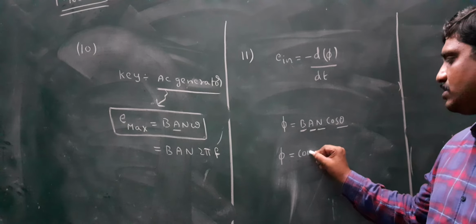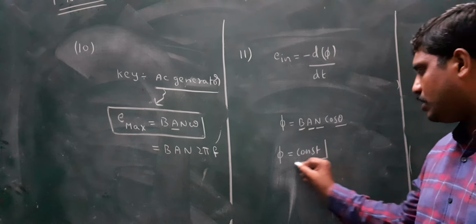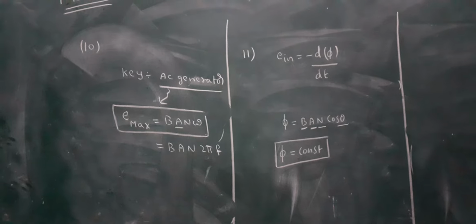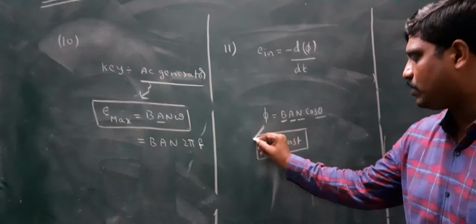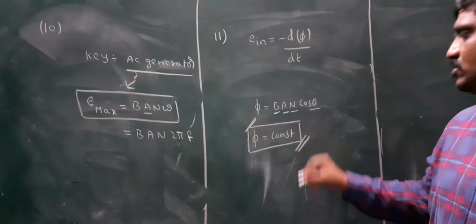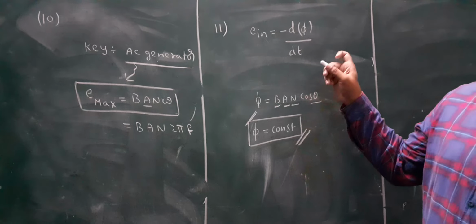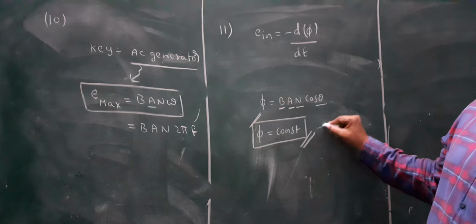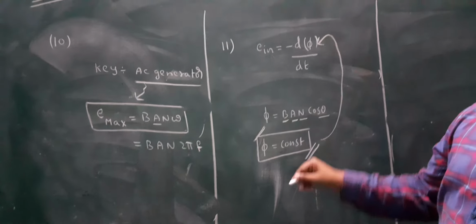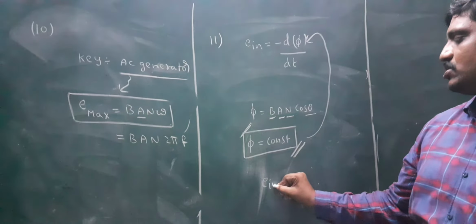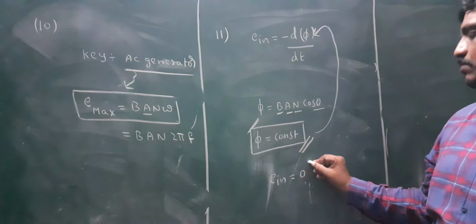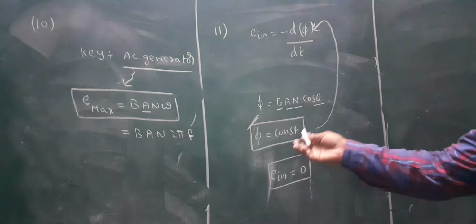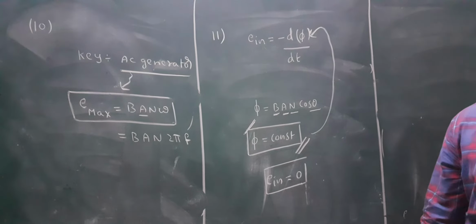Simply, flux is also constant. Because according to the question, everything is constant, automatically flux is constant. Any constant, when we apply differentiation in mathematics, becomes 0. Simply, the EMF developed in the coil is 0.